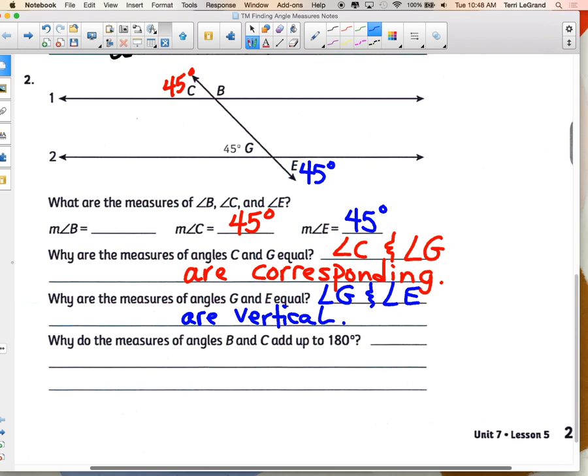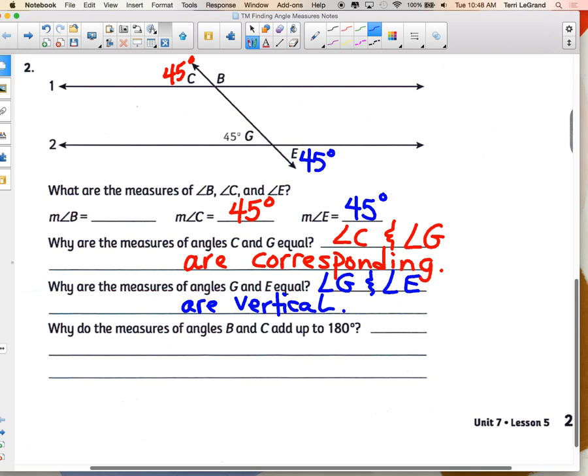Now we're down to just angle B. What do you think we can do to get the measure of angle B? Well, if nothing else, you could look down here and see what question they ask us. B and C are what?